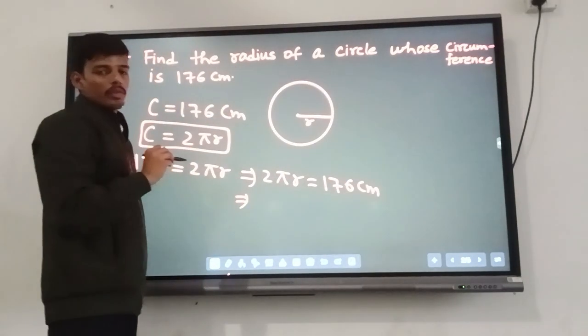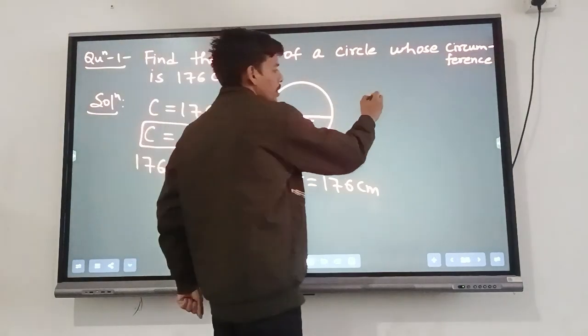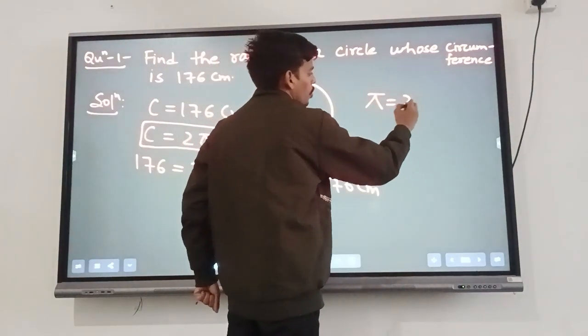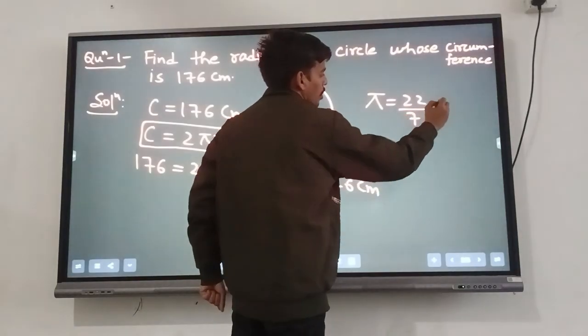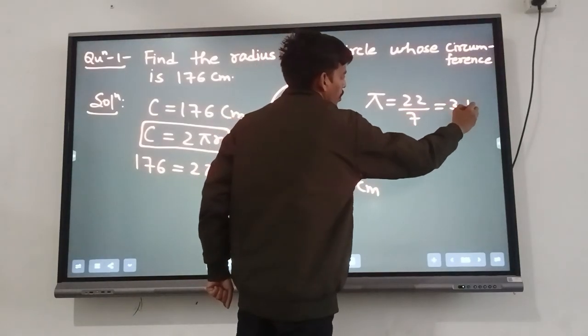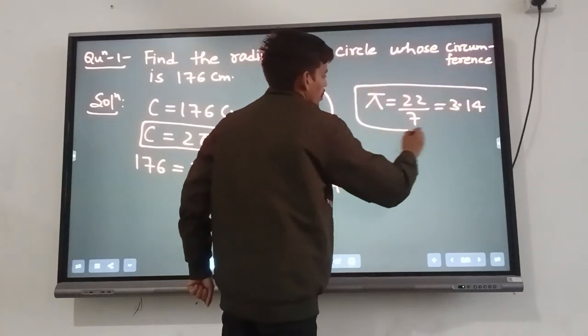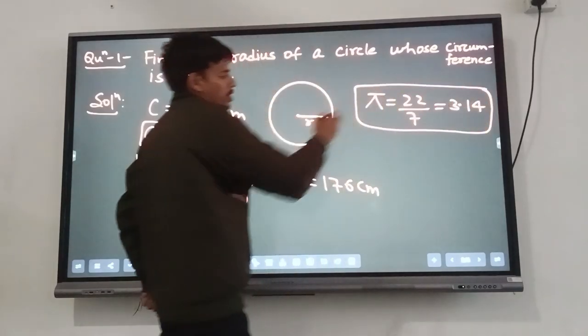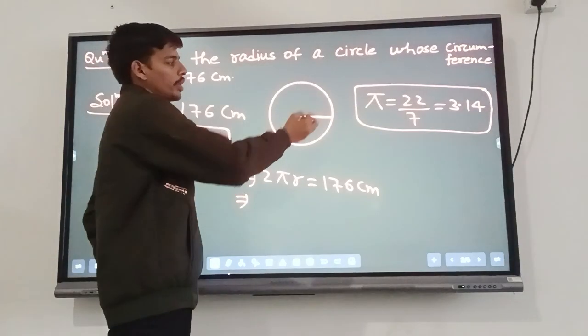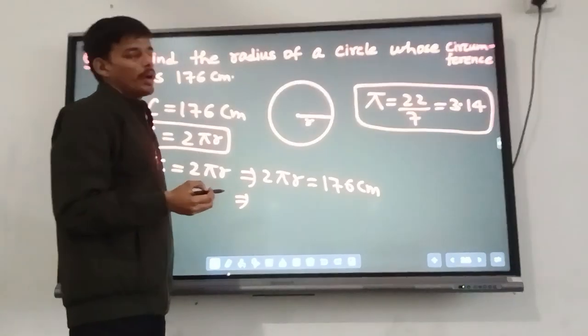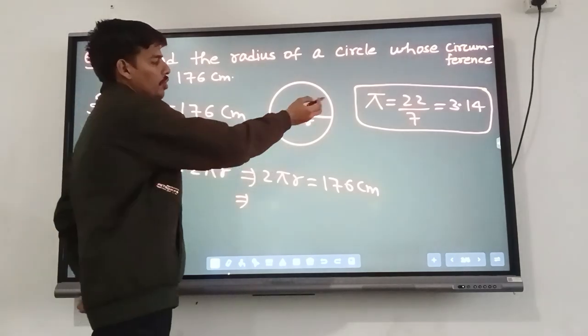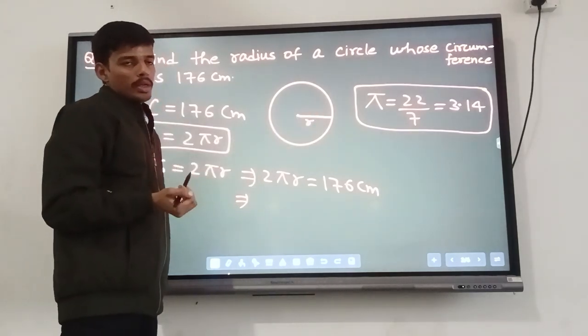Now we put the values. The value of pi is 22/7 or 3.14. This is a constant value and never changes.